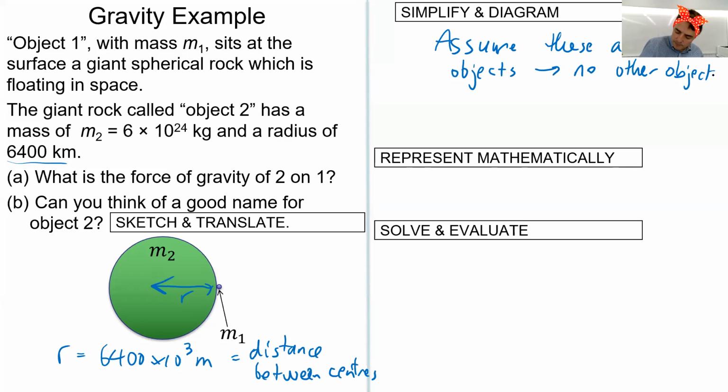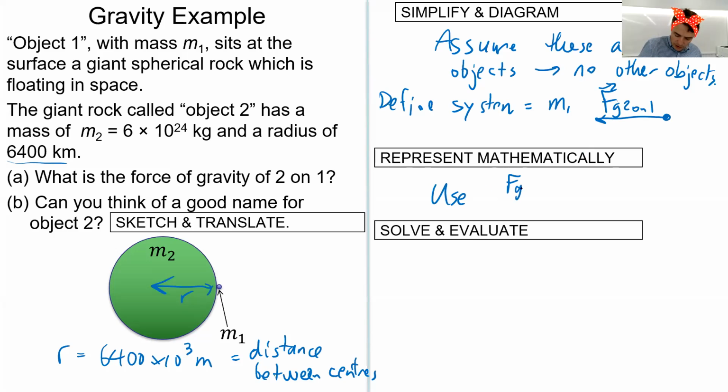No other objects. We'll define the system equals M1. And so we are trying to find the force of gravity, F sub G, of 2 on 1. You're just going to use that F sub G of 2 on 1 is equal to G times M1 times M2 divided by R squared.